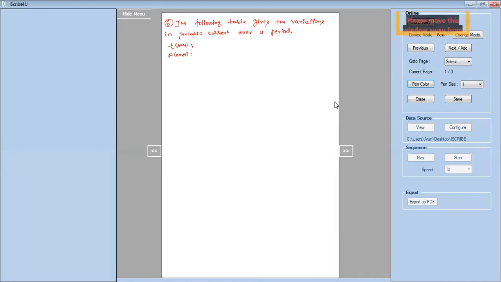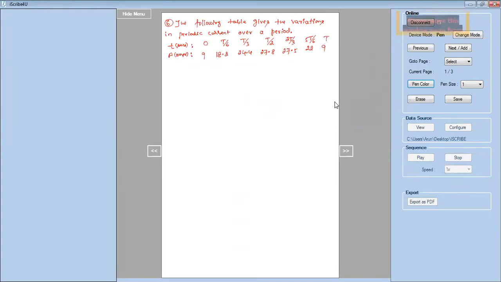So it is a very important problem. 0, 9, t by 6, 18.2, then t by 3, 24.4, then t by 2, 27.8, then 2t by 3, it is 27.5, then 5t by 6, it is 22, and t, it is 9.